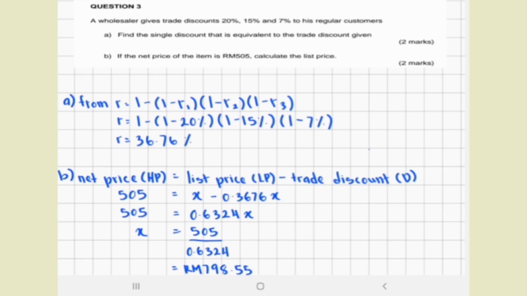Next, X equals 505 divided by 0.6324, and the last answer is 798.55 ringgit.